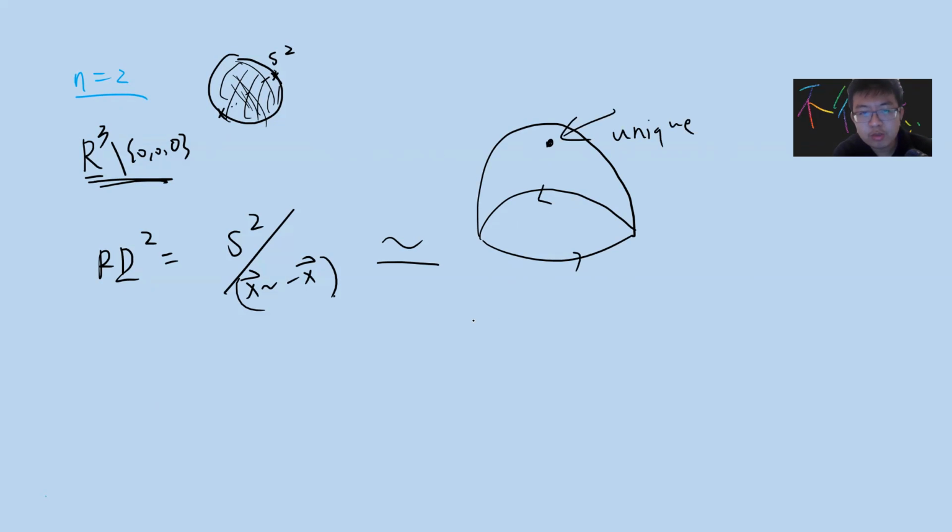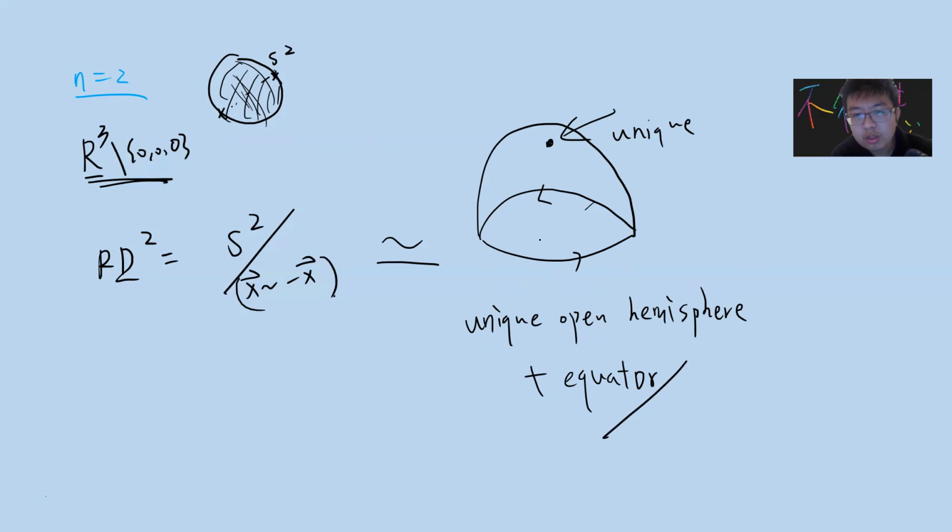So I can write it as the unique open hemisphere plus the equator modulo the antipodal on the equator. Okay, so now these vectors are two-dimensional. Okay, because they are on the antipodal. Right, so these two. Okay.